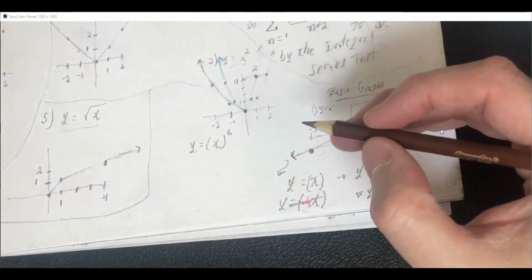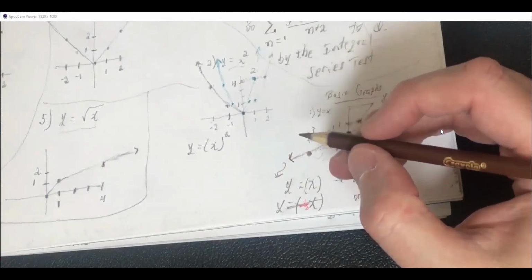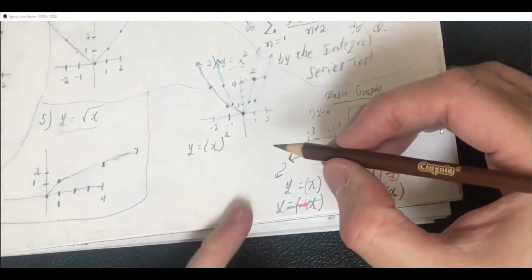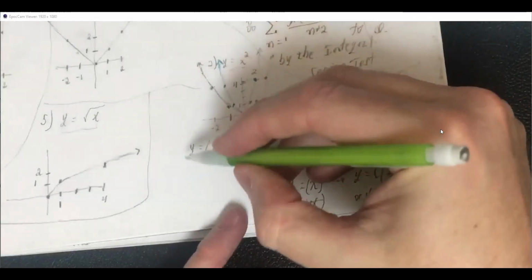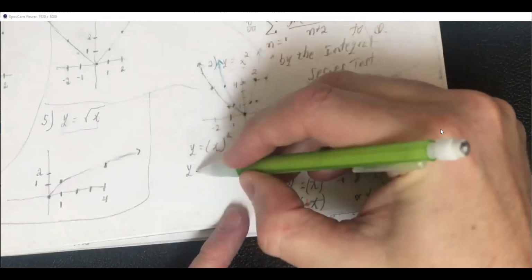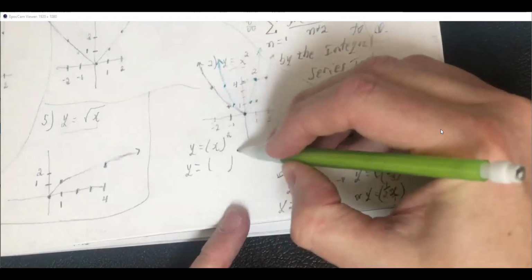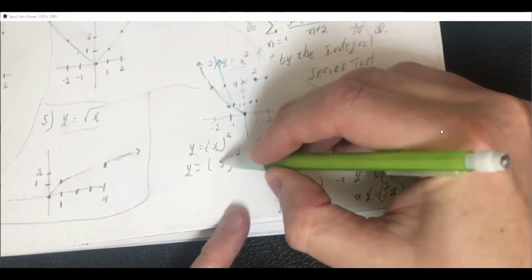So when we say perform a horizontal dilation by a scale factor of whatever, then when we rewrite it, we're still going to have x squared.